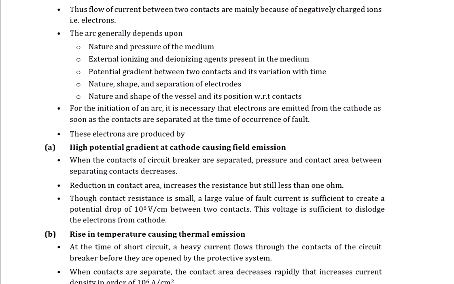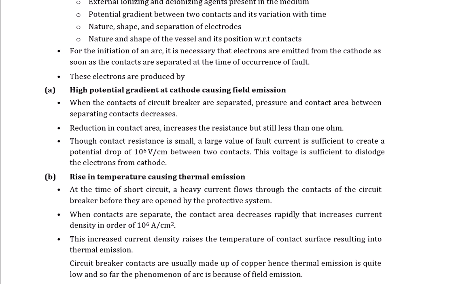Now, these electrons are produced, first, by high potential gradient at the cathode, causing field emission. So this is the first cause that produces electrons. Okay, so when the contacts of the circuit breaker are separated, pressure and contact area between separating contacts decrease.